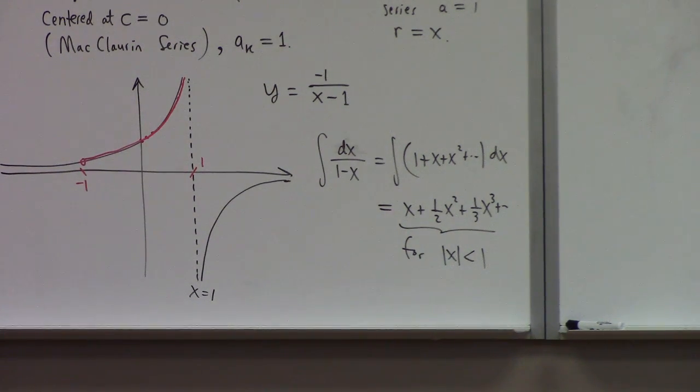Actually, when you integrate, sometimes you introduce new points of convergence at the endpoints, as we'll see. Something called Abel's theorem, or Abel's theorem, depending where you're from, makes a more precise statement of that later in the chapter.